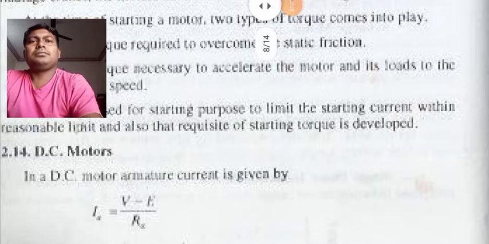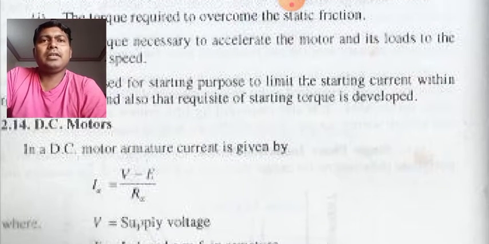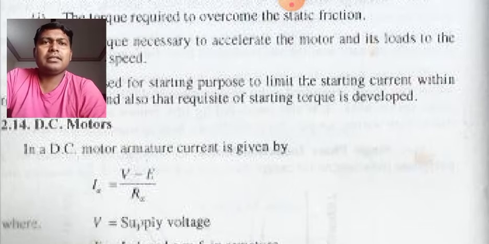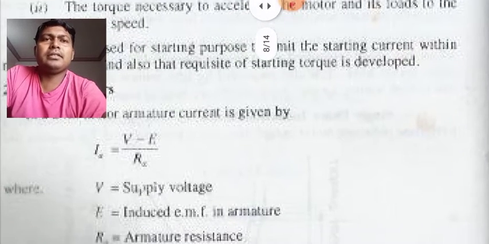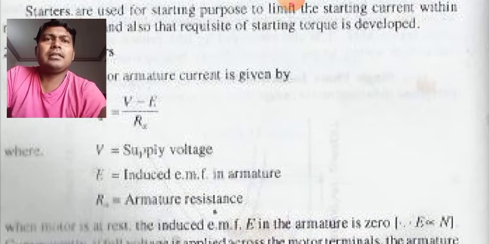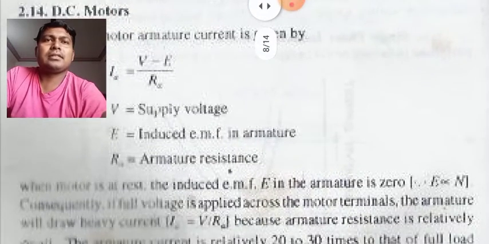Now the DC motor. In a DC motor, the armature current is given by Ia = (V - Eb)/Ra, where V is the supply voltage, Eb is the induced EMF in the armature, and Ra is the armature resistance.